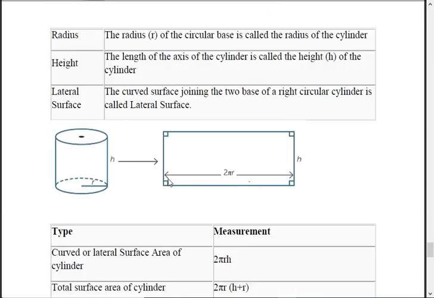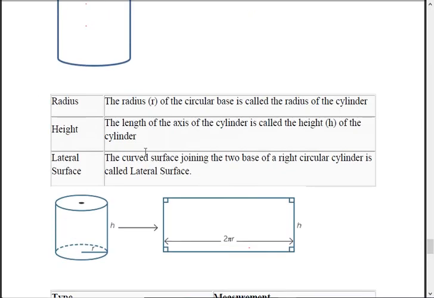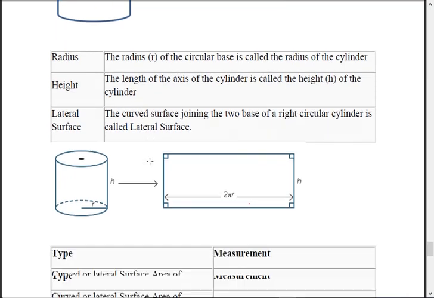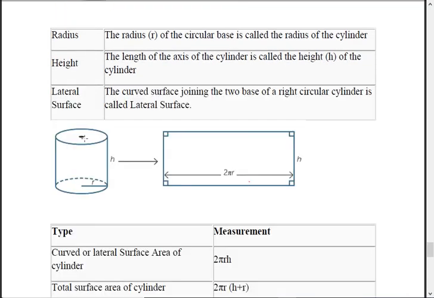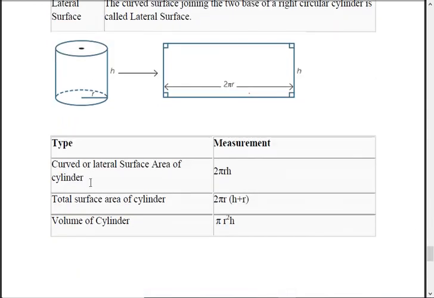Okay, means what? Suppose I cut this over here and make it a straight rectangle, then this length will be how much? 2 pi r and this height will be h, right? So the curved surface area of the cylinder is 2 pi r into h, the circumference into h.